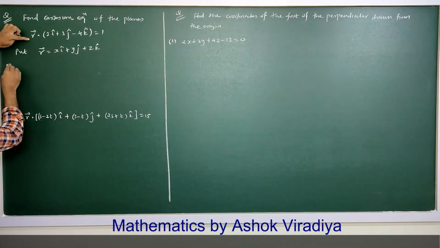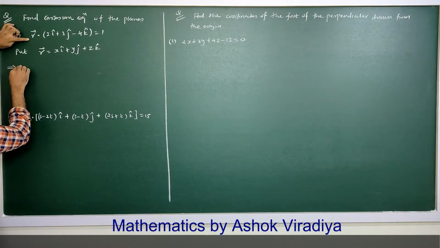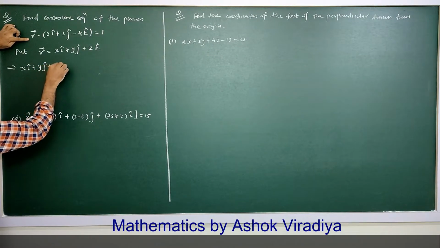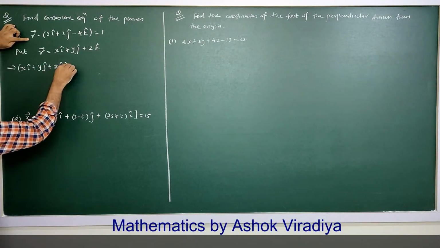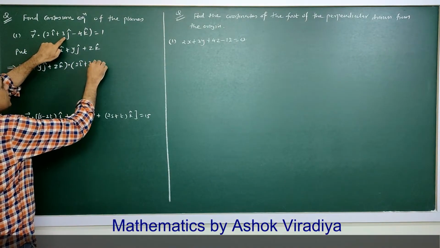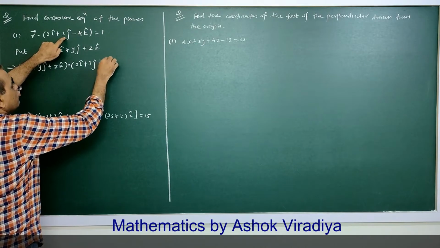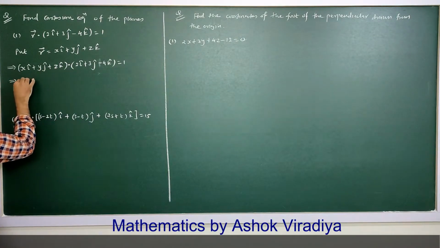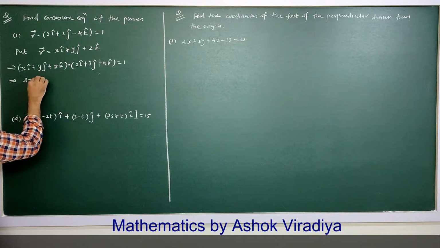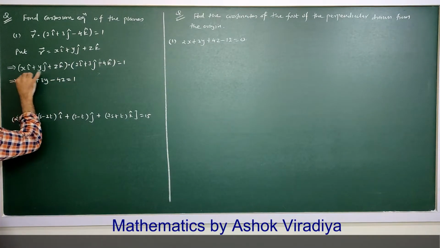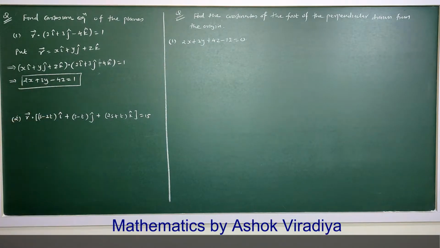Now putting here, we have xi plus yj plus zk dot 2i plus 3j minus 4k is 1. That means taking a dot product, 2 into x is 2x plus 3y minus 4z equal to 1. This is the Cartesian equation.